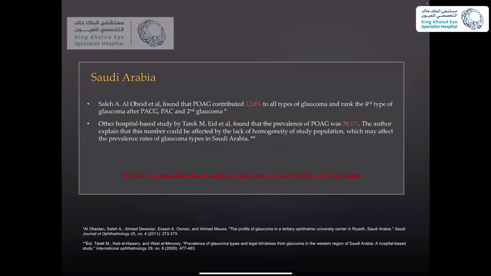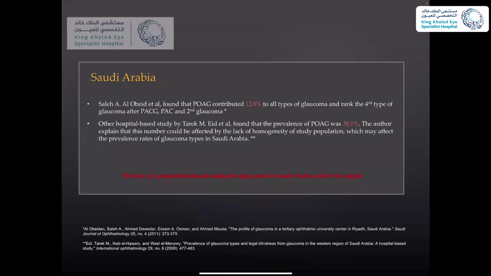This brings us to a good question: what about our region? What about Saudi Arabia for primary open-angle glaucoma? Unfortunately, we don't have population-based or epidemiological studies that give us a good prevalence estimation for primary open-angle glaucoma patients.